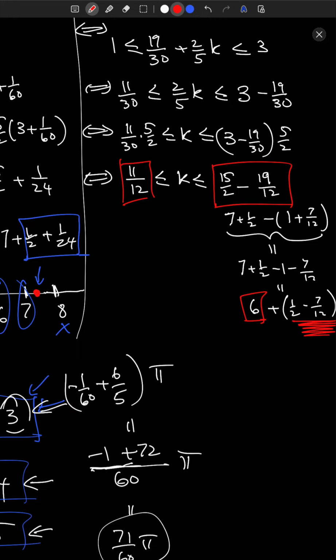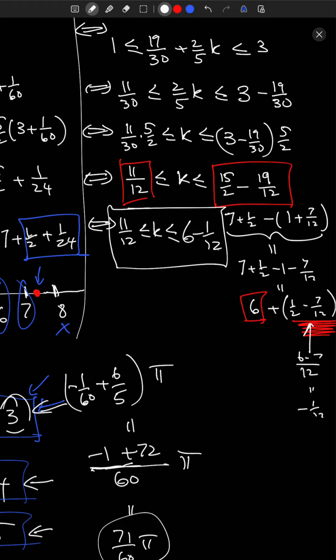So maybe we should write it out just so that we don't make a silly mistake, right? Because I need to recognize it's a negative number. So with common denominators, this gives me 6 minus 7 over 12. So that's actually minus 1/12, all right? This is getting a little messy, so let me conclude it here. 11 over 12, less than or equal to k, less than or equal to 6 minus 1/12.